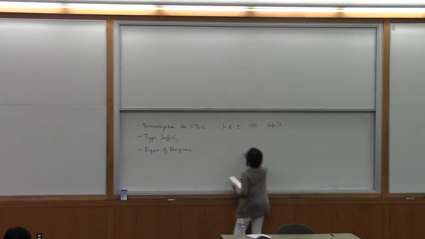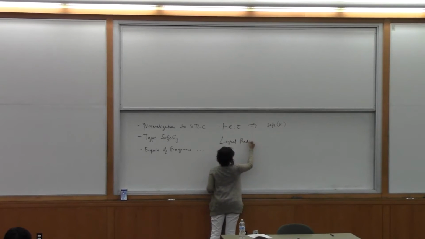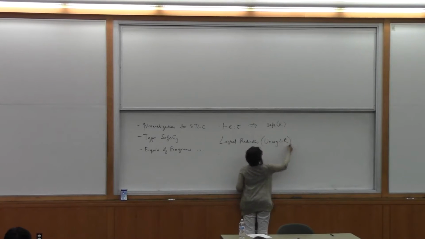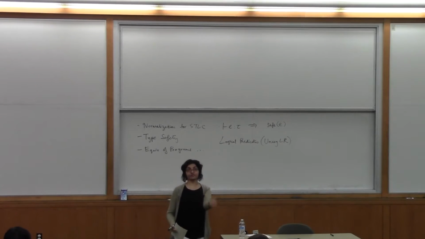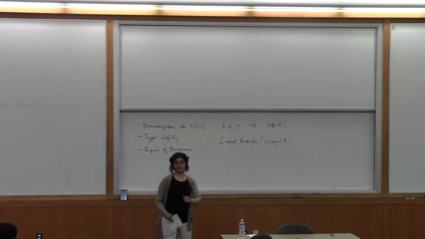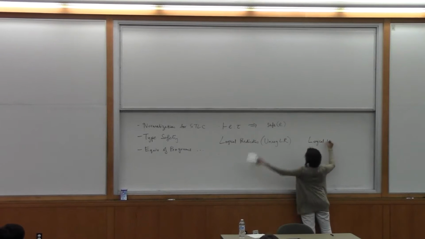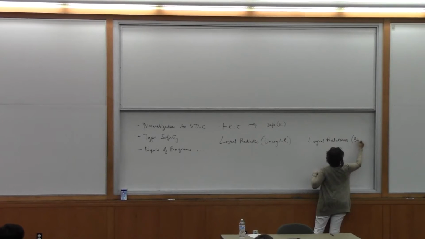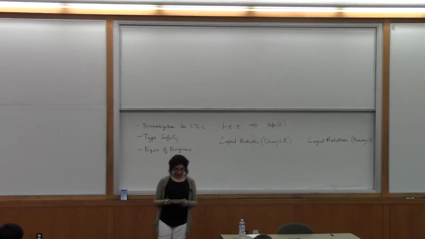You'll notice that in the literature, the term logical predicates or unary logical relations is used when you are interested in proving some property of programs, but you're only interested in one run, so to speak. Versus logical relations, by which I mean the binary logical relations that relate two different runs of a program.